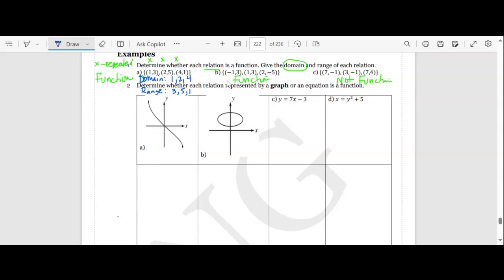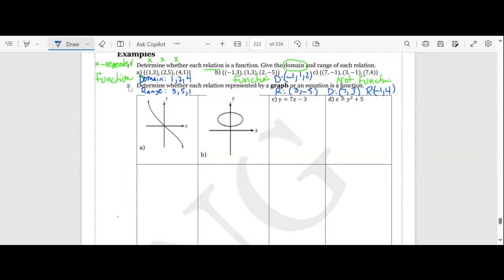The domain is -1, 1, and 2. What is the range? 1, 3 and -5. What is the domain here? 7 and 3. What is the range? -1 and 4. Is this clear? That's it.